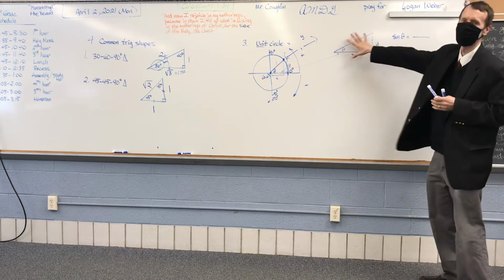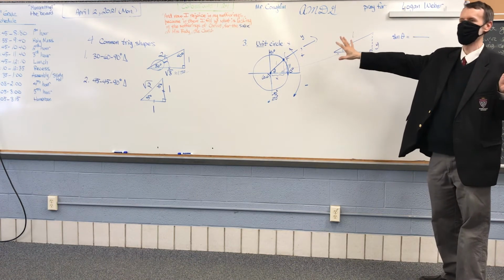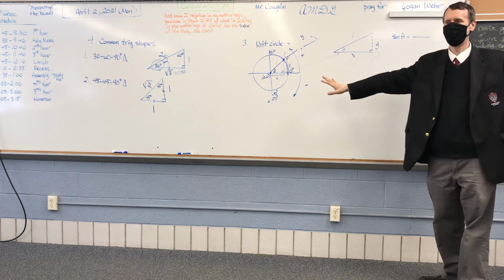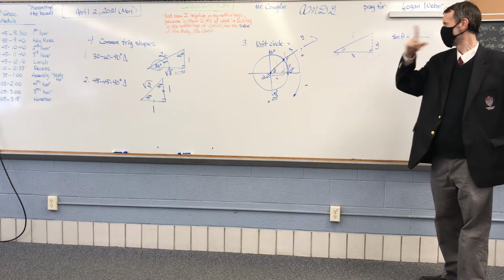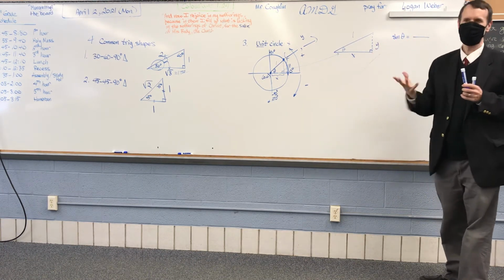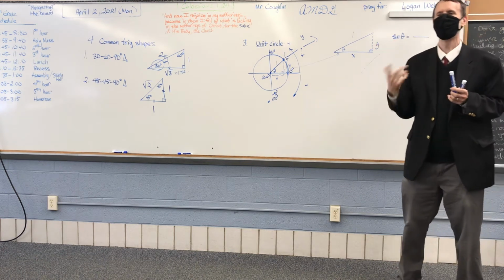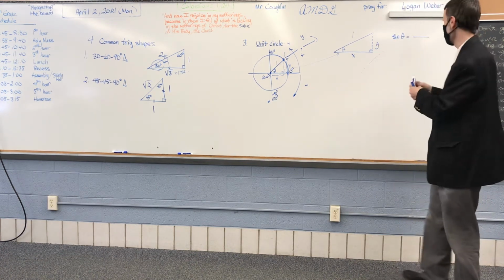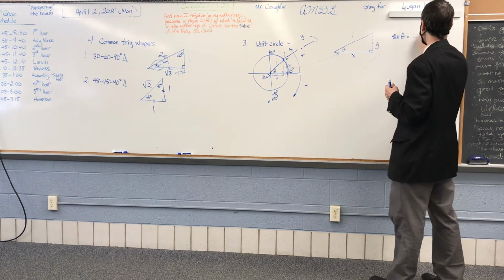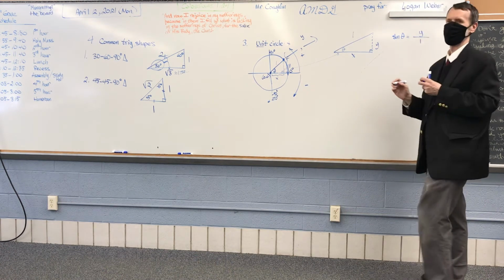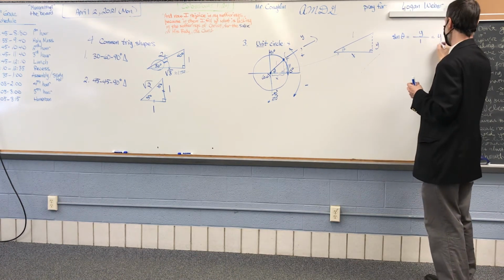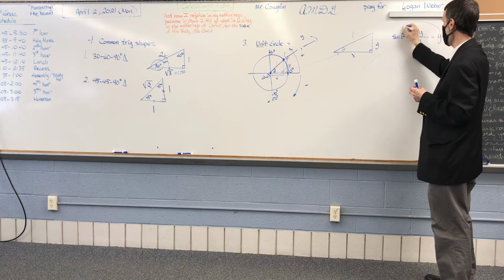Just nothing but this. There's a trick to it, of course, but not a trick question. What's sine, whatever what? Opposite over hypotenuse. What would you get? Y over 1. What is y over 1? It's y. We just found out that y is equal to what?